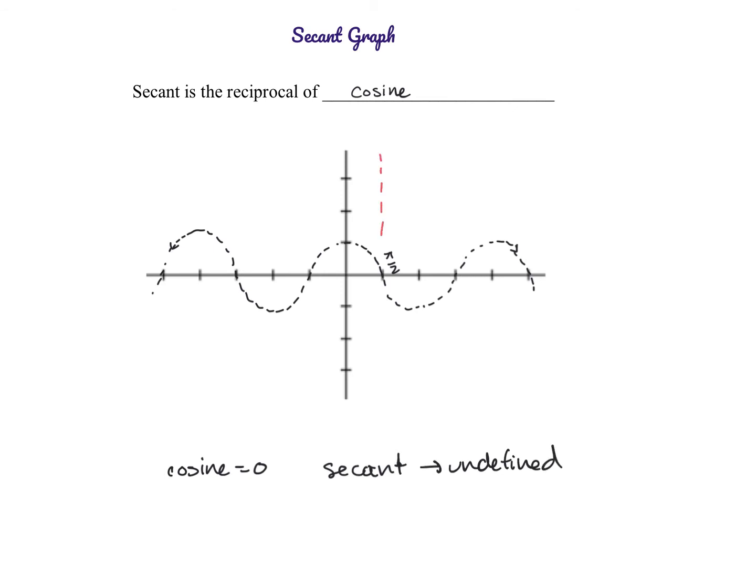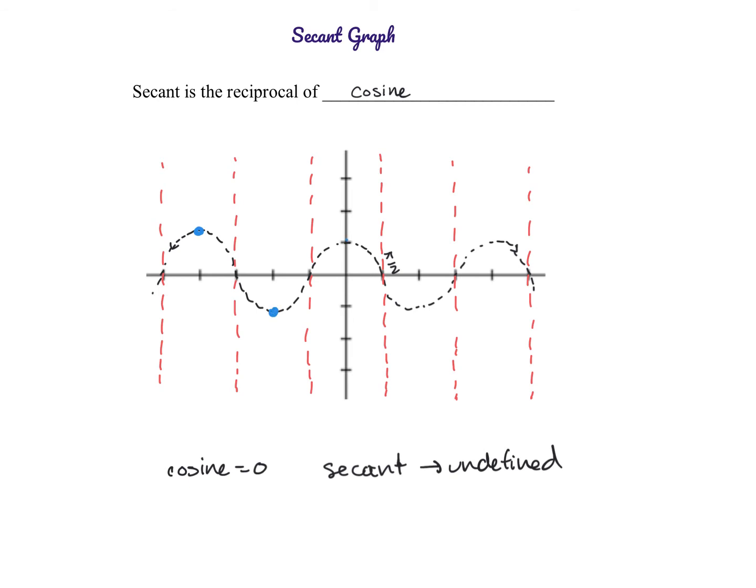Just like our cosecant graph, our secant graph has repeating asymptotes, except these occur whenever cosine has an x-intercept. So whenever cosine is 0, we have our vertical asymptote. Then we can take the reciprocal of some of the nice easy points like +1 and -1.